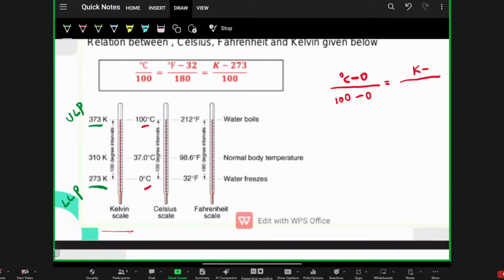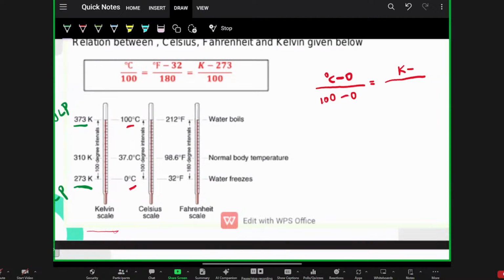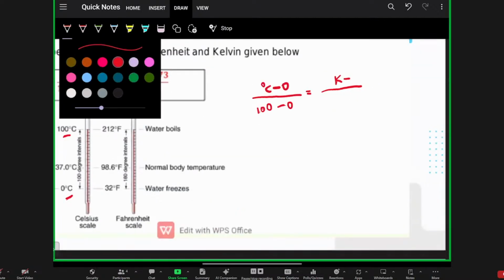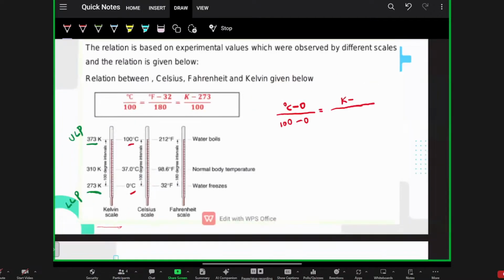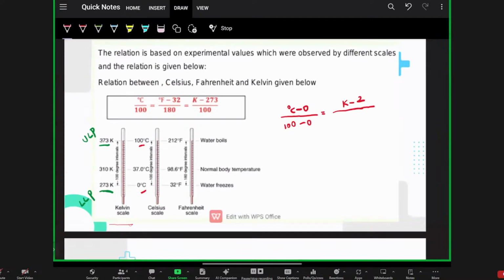So in Kelvin scale, we take Kelvin minus lower limiting point, which is 273, divided by upper limiting point minus lower limiting point, which is 373 minus 273.